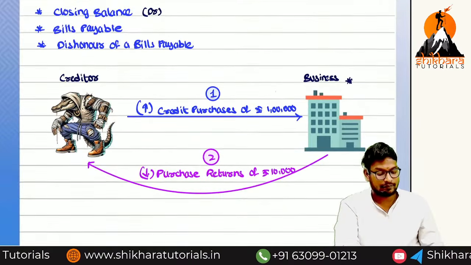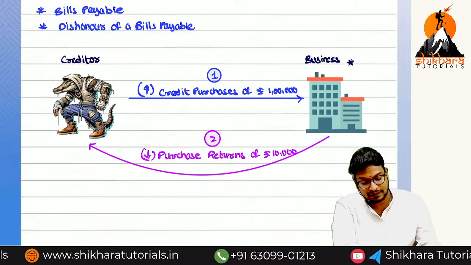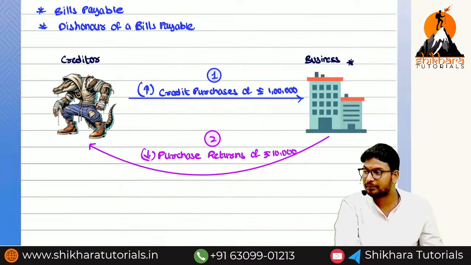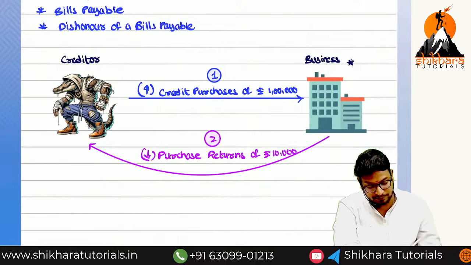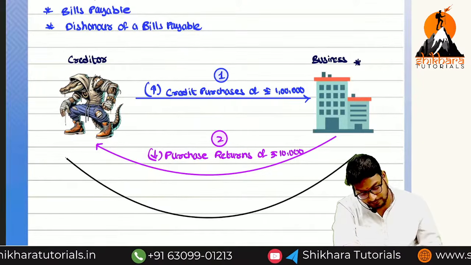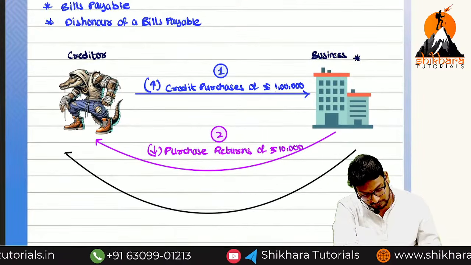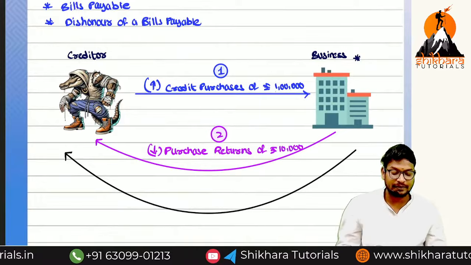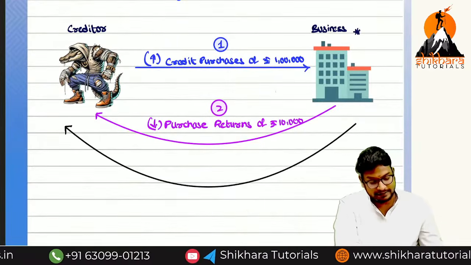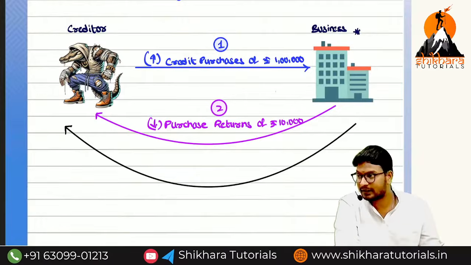Okay now. Afterwards, what are we going to see? We are going to pay the amount, because we are good persons. That is the reason we are paying the amount to the creditor. So how much do we need to pay? 90,000. Out of 90,000, we are going to pay 85,000.